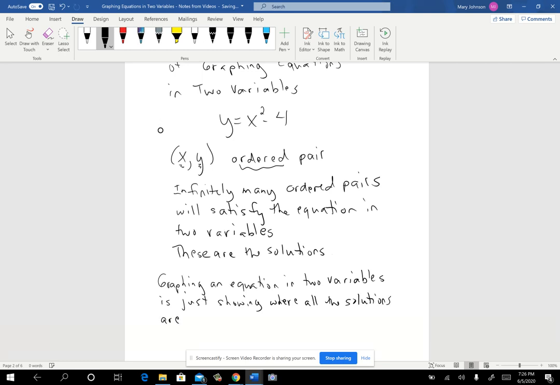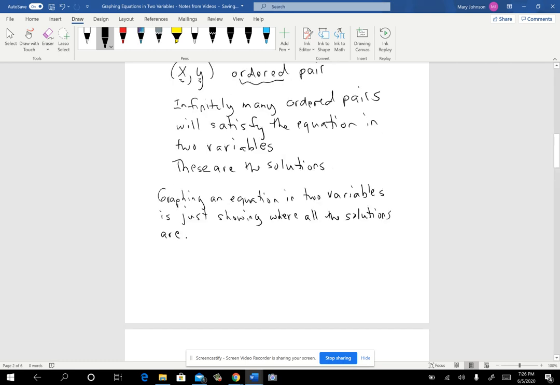Okay. So before, when we had something like 2x plus 5 equals 13, we could just solve. You know, there was just going to be, in this case, one solution. We could list it. That was going to be our answer.